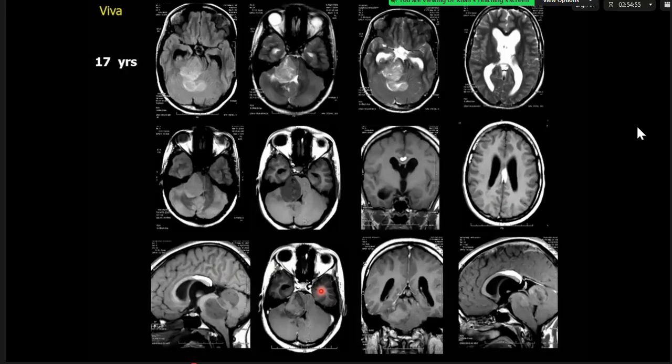T1 as well, I think. Hint, what is this? Is that with contrast? Okay. T1 with contrast. This one? So the dural sinuses appear hyperintense, so I think this is a T1 with contrast as well. And this one? Likewise, T1 with contrast.